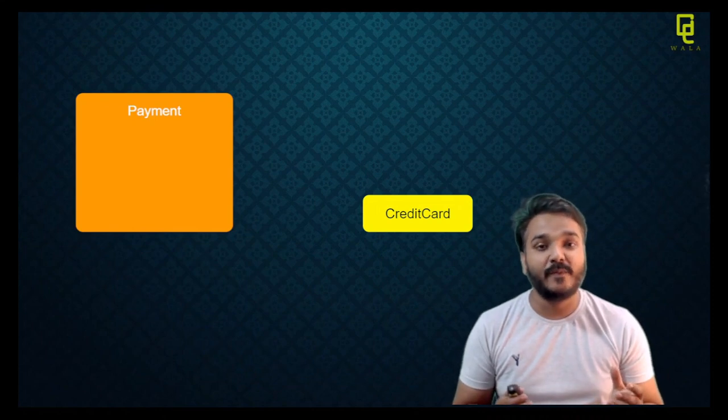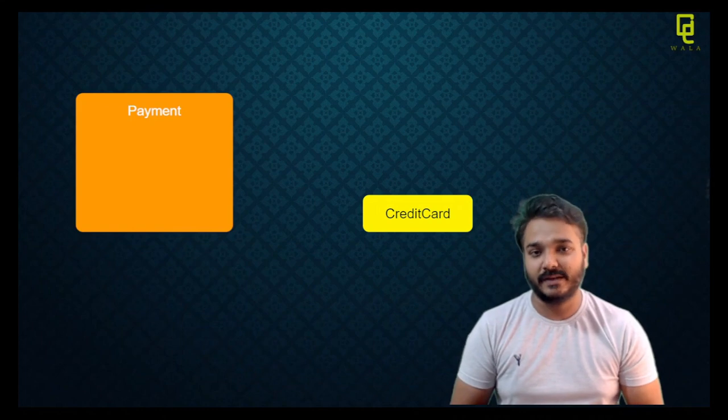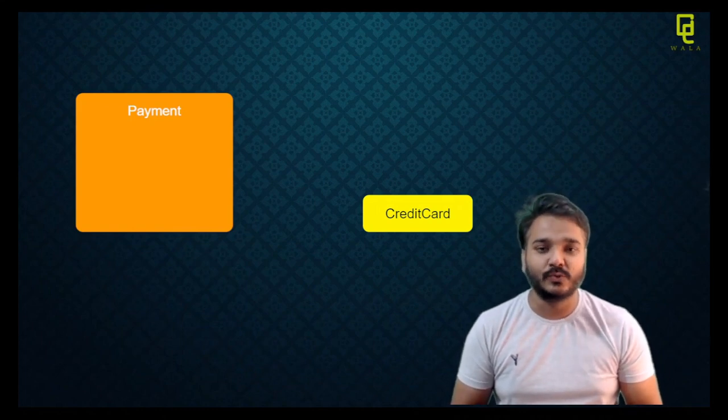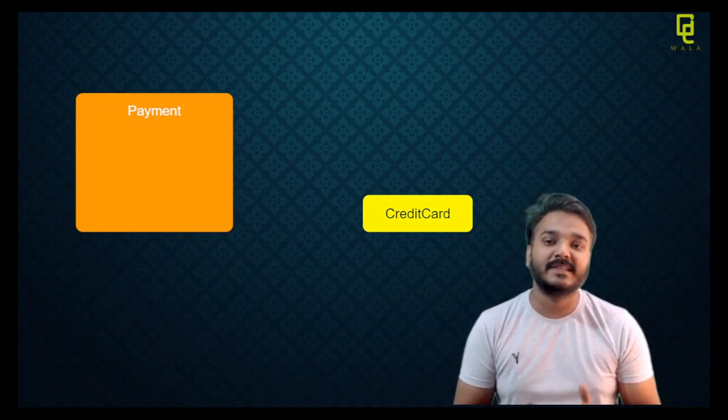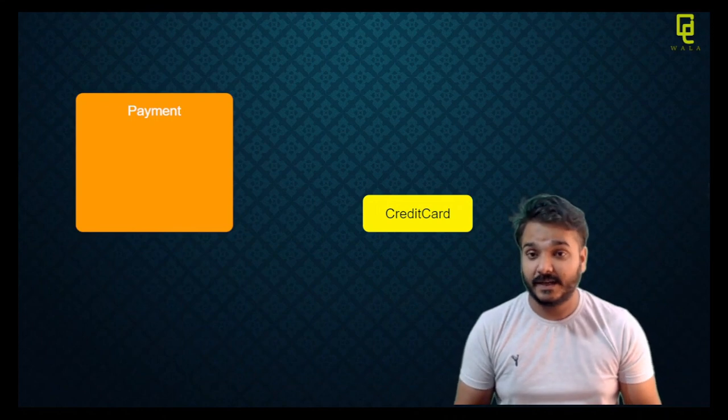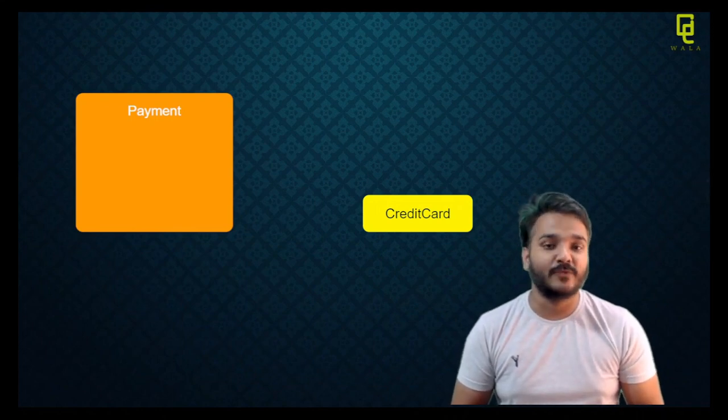Now we may have a confusion that credit card is also related to payment. Yes, it's true. But we have to define the boundaries of the payment class, and that should also favor the security aspects. Credit card is sensitive information.